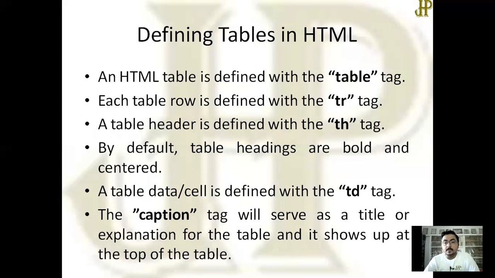These are not the data, okay, but it is the first row of your table that represents the heading. So to achieve this, you have to use the TH tag. Okay, and by default, these headings are bold and centered.